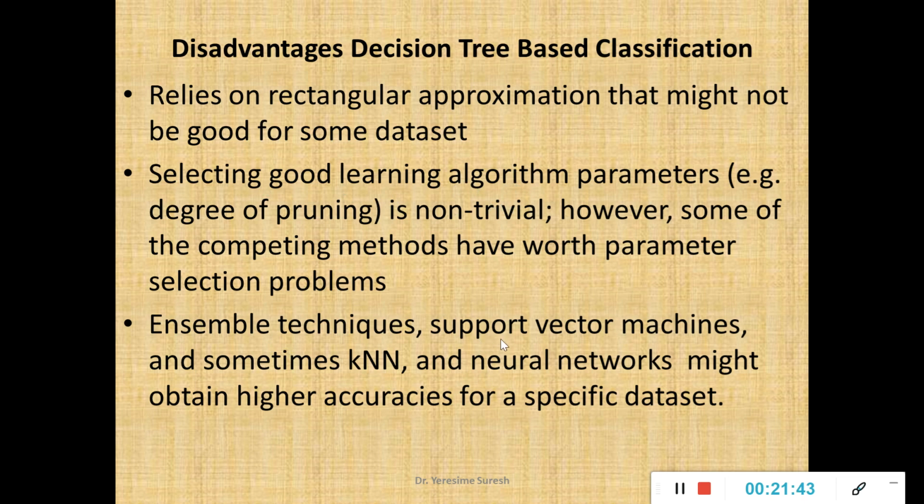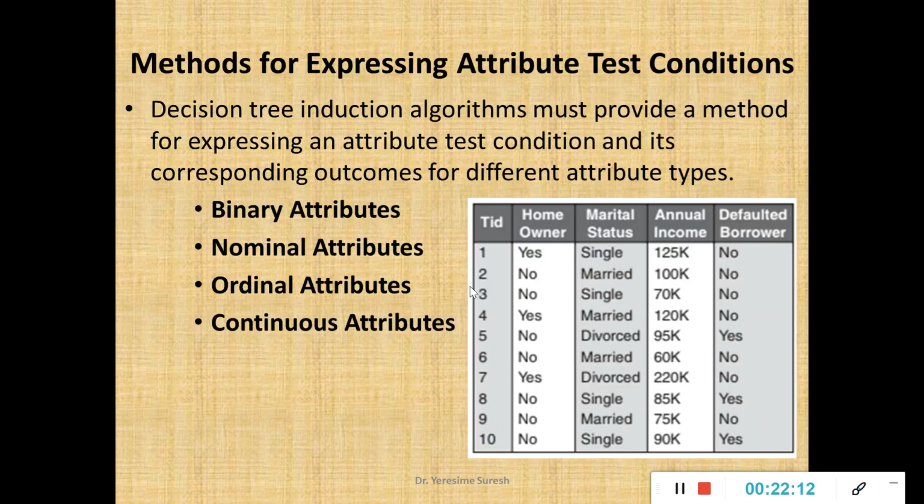And ensemble techniques such as support vector machines and sometimes k-nearest neighbor algorithms, your neural network might obtain higher accuracies for specific data sets. As we have discussed the advantage, fine, your decision tree is suitable for small data sets. If the data set is larger, n number of instances, n number of attributes, and it has a complex data set, then decision tree is not suitable, and your support vector machines, neural networks and KNN algorithms are more suitable.